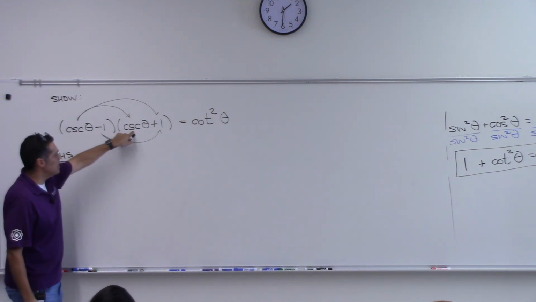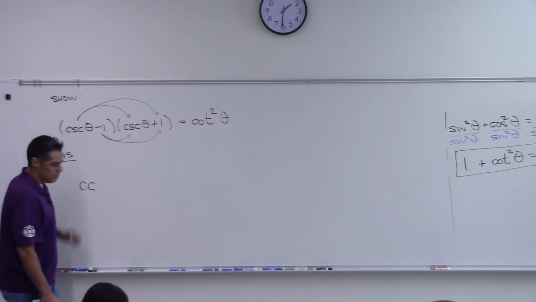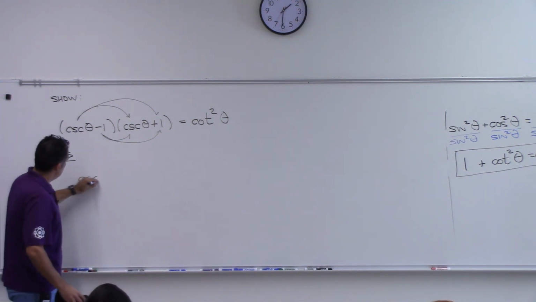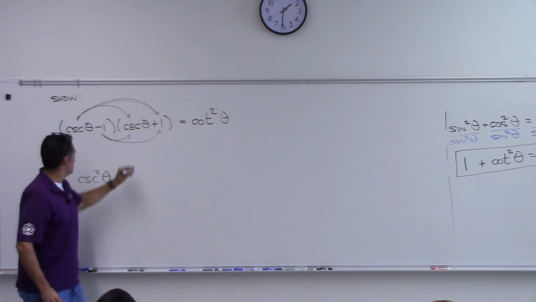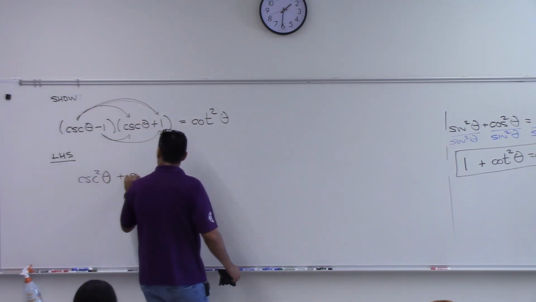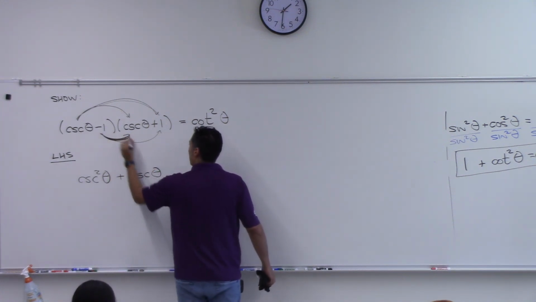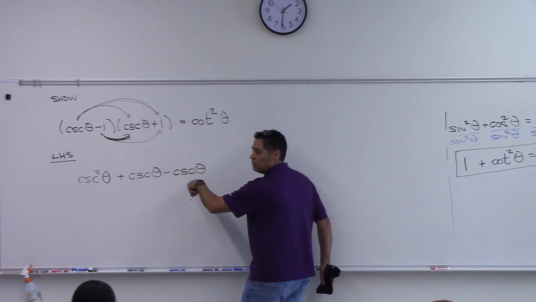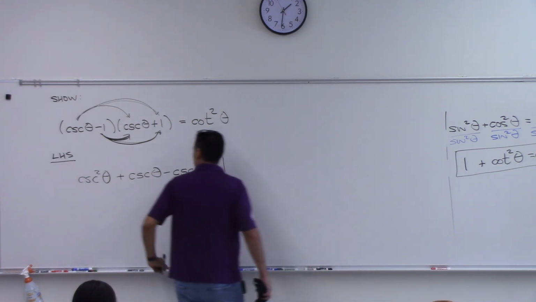Cosecant theta times cosecant theta. That's the first multiplication, cosecant squared theta, right? Okay, then I do the second multiplication. Cosecant theta times 1 is cosecant theta. Then I do the inner multiplication, and that's going to be a negative cosecant theta, and those are going to cancel. And then I do negative 1 and positive 1, that gives me minus 1.